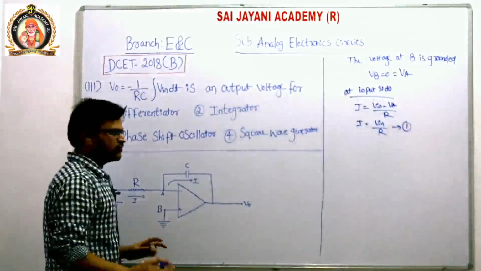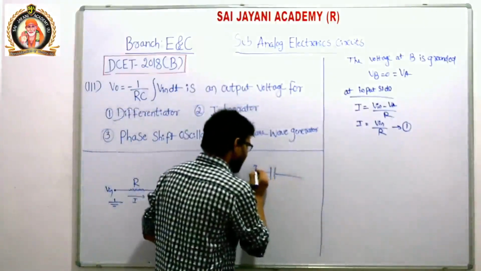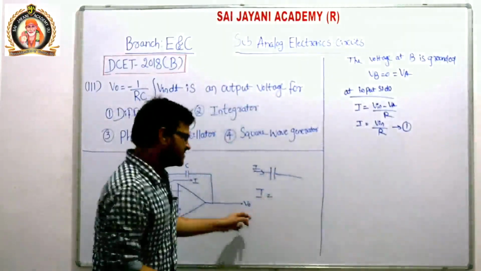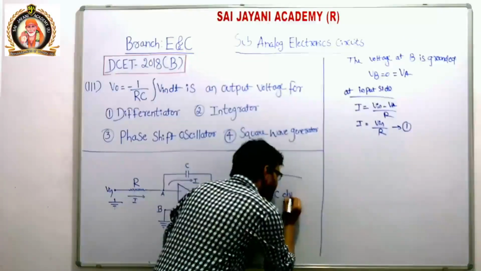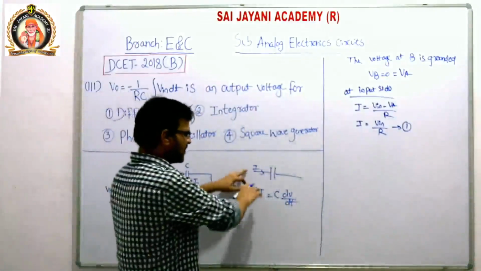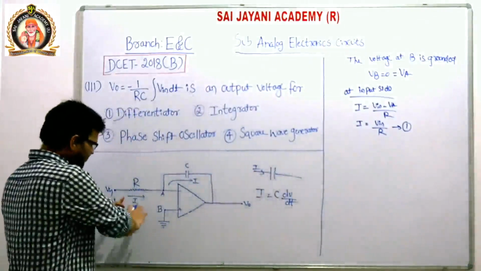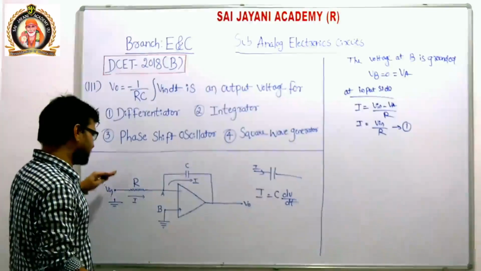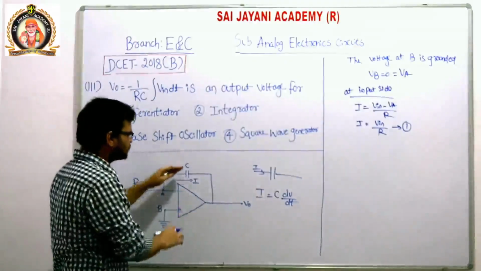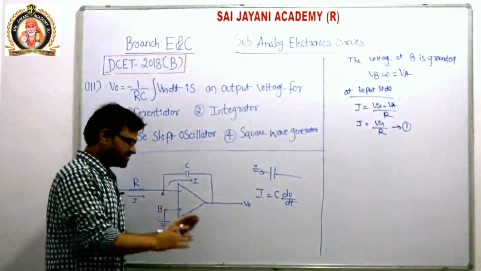And we know that the current which flows through the capacitor can be written as I is equal to C into dV divided by dt. This is the equation when current is flowing through the capacitor side. The entire current which goes through the resistor R flows through the capacitor because the input current of the op amp is 0.